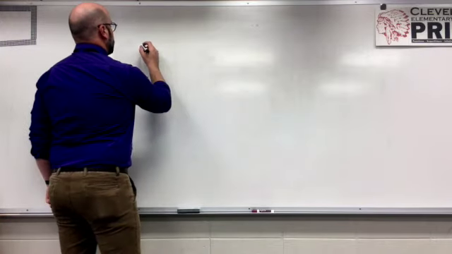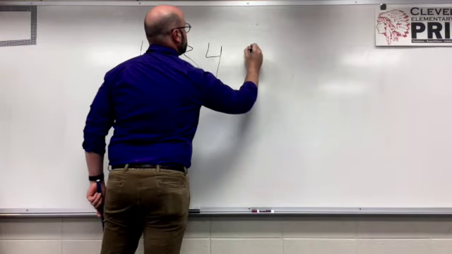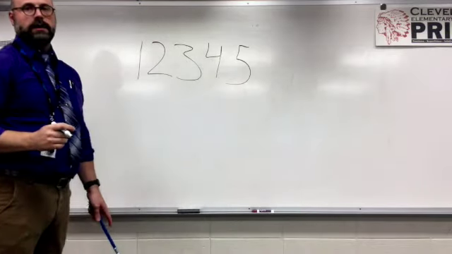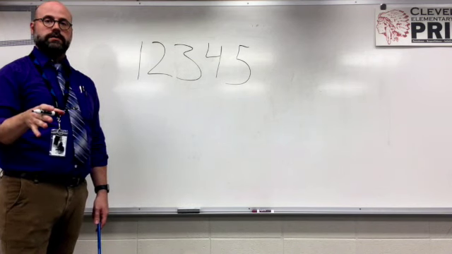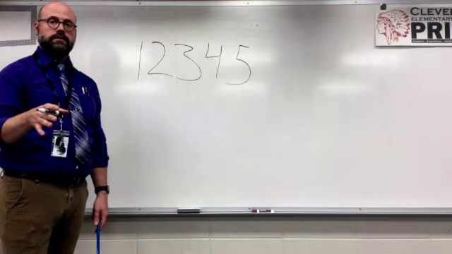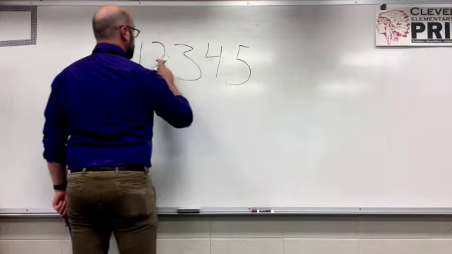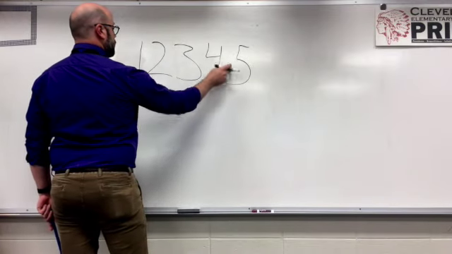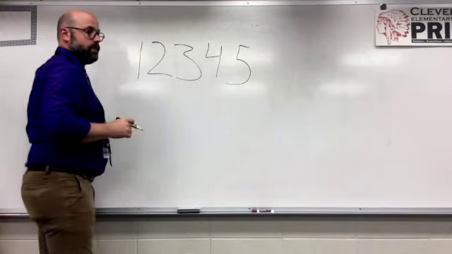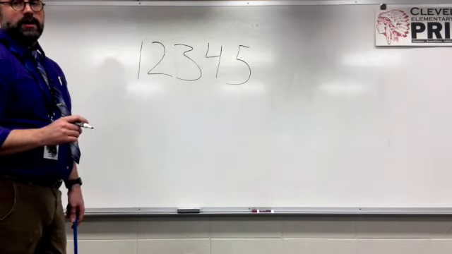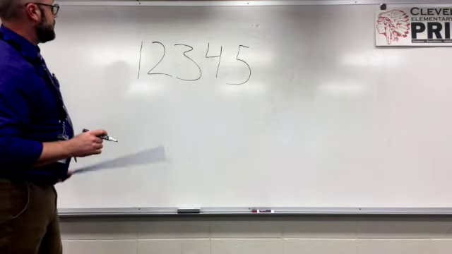But what if I have the number 1, 2, 3, 4, 5? Does my comma placement change? Well, it's going to change in that it's not going to be in between the 1 and the 2 anymore, is it? We've shifted up 1 spot on our place value chart into the 10,000s.